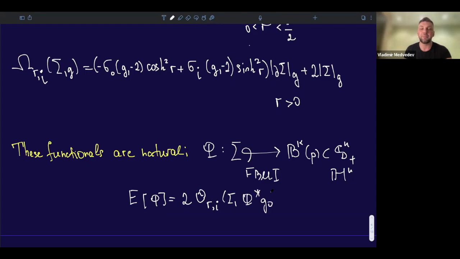G naught is the metric on the sphere, and in the case of immersions into hyperbolic space, you take omega R I of sigma with phi star G naught.